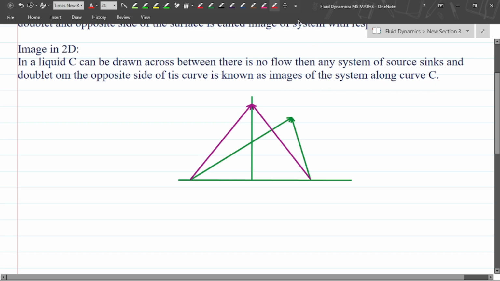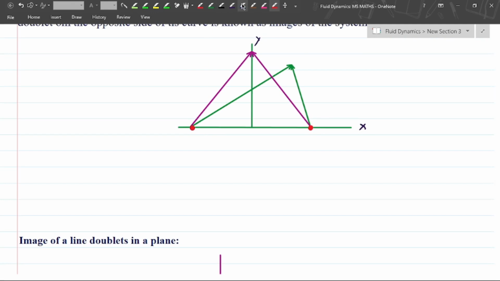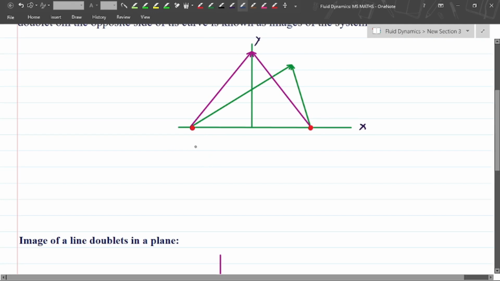See, basically, if this is my x-axis and this is my y-axis, it means on the x-axis there is a source of strength m, and the same there is a source of strength m on the other side, and the distance from the origin is the same for both.